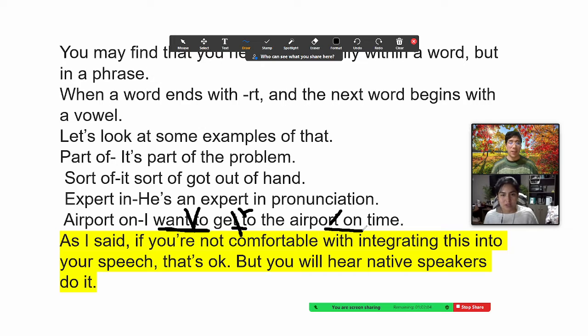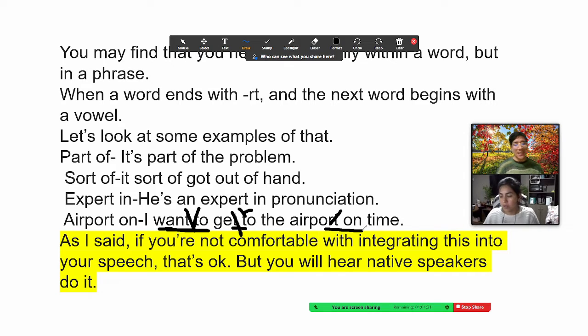I wanna get to the airport on time. It's better. That is the reason that, for example, people who learn English for 2 or 3 years don't understand when listening to music, when watching videos, or when they talk to native speakers, because they don't practice this one. Okay, I wanna get to the airport on time.